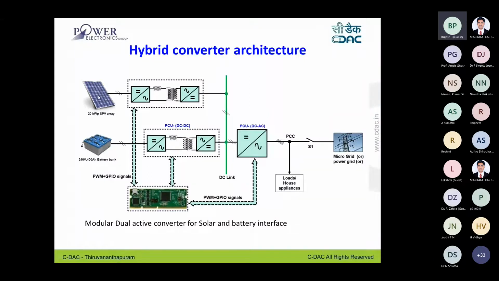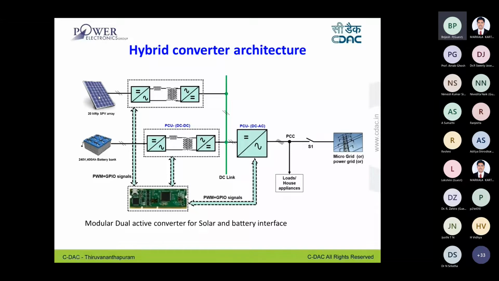Now you have the flexibility of using wide bandgap devices like silicon carbide devices. So it is easy to go for 50 kilohertz or 100 kilohertz operation. Previously with IGBTs and IPMs, you could go up to 20 kilohertz.